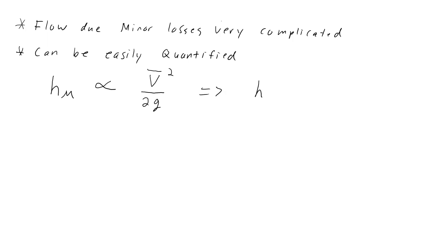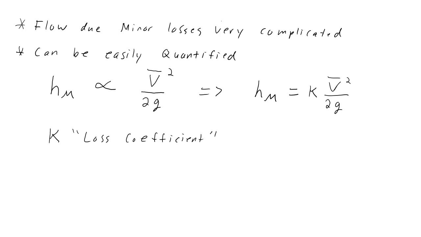So it becomes H sub m is equal to K times V bar squared over 2g, where K is what's called a loss coefficient, and it is a dimensionless constant.